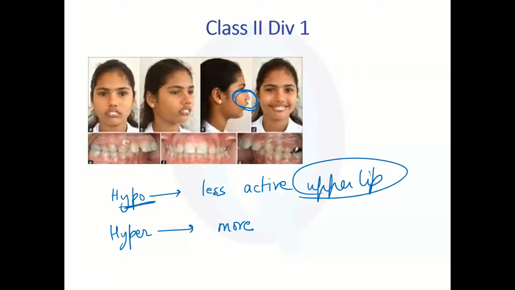This is why class 2 division 1 has a less active upper lip. Hypertonic lower lip. Why? Because the lip is getting inside the incisors and pushing the incisors forward. There is increased mentalis activity as well. So this is why it becomes a hypertonic lower lip. This is what happens in class 2 division 1 malocclusion.